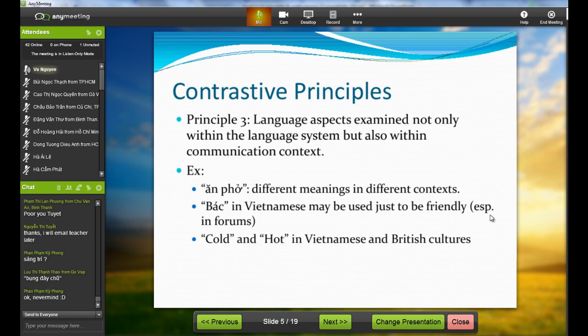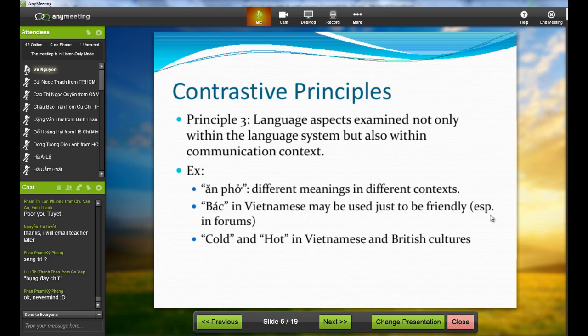Because when language is analyzed inside actual context, we can see a lot of variety. A word, for example, can have different meanings in different contexts. And as Vietnamese, you are very quick to understand this.